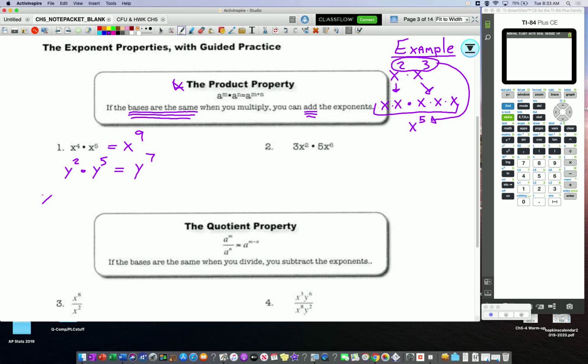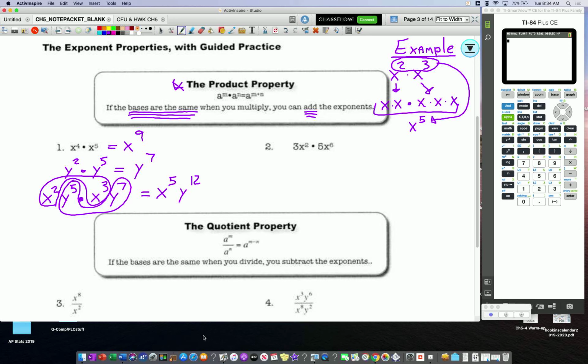What if I have x squared y to the fifth times x to the third y to the seventh? You just take the same bases and add those exponents. I group the x's together, so that would be 2 plus 3, which is x to the fifth. Group the y's together, 5 plus 7, y to the 12th.